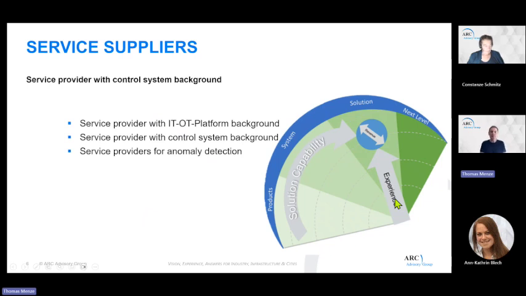The experience level is how many components, how much know-how is available with the supplier to protect OT control equipment. And then, last but not least, we have the solution capability, and that is this circular view here. It starts from the far left to the top right. And this indicates how powerful, how complete the service offering of a certain supplier really is.